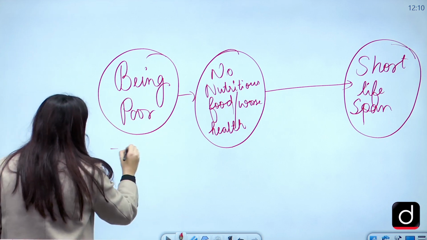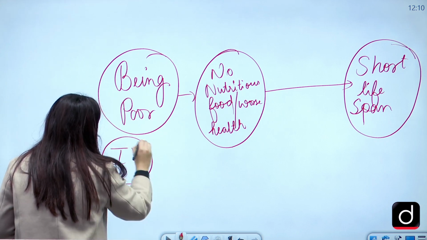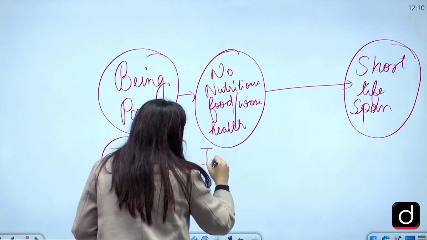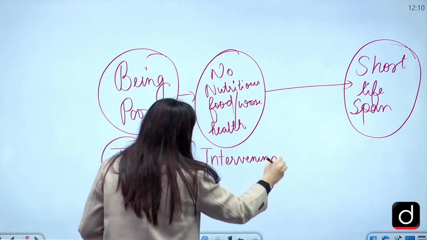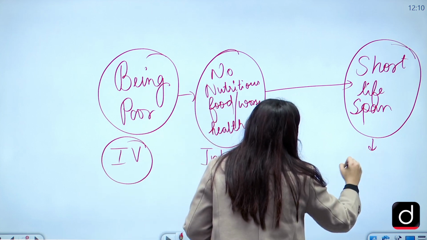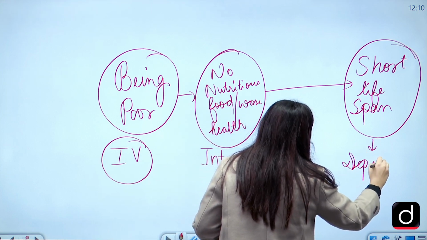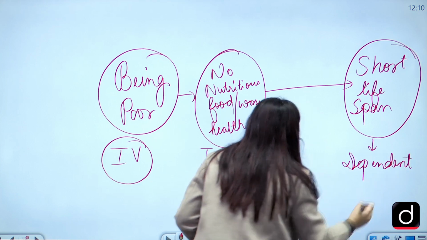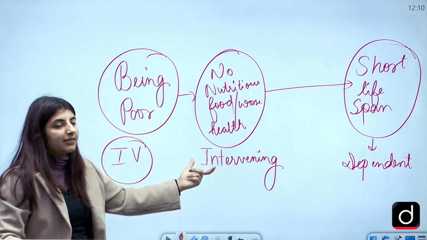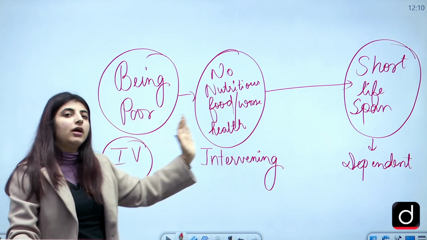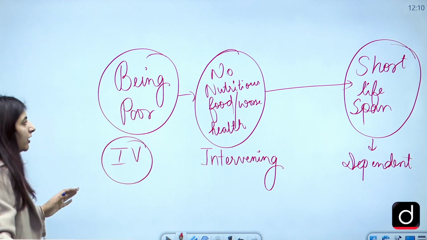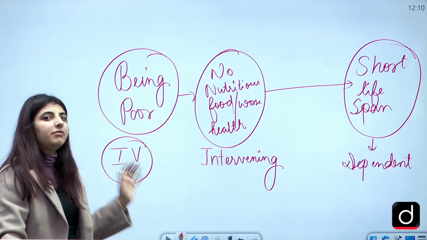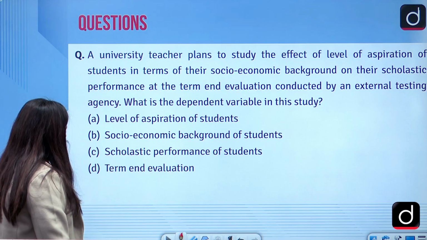So here we have this one as the independent variable, this one as the intervening variable, and this one as the dependent variable. So we are not directly observing this effect. We are seeing that if a person is poor, he or she will have a shorter lifespan, but there are other factors which are there, right? What are those? Those are known as the intervening or the mediator variables that we have.